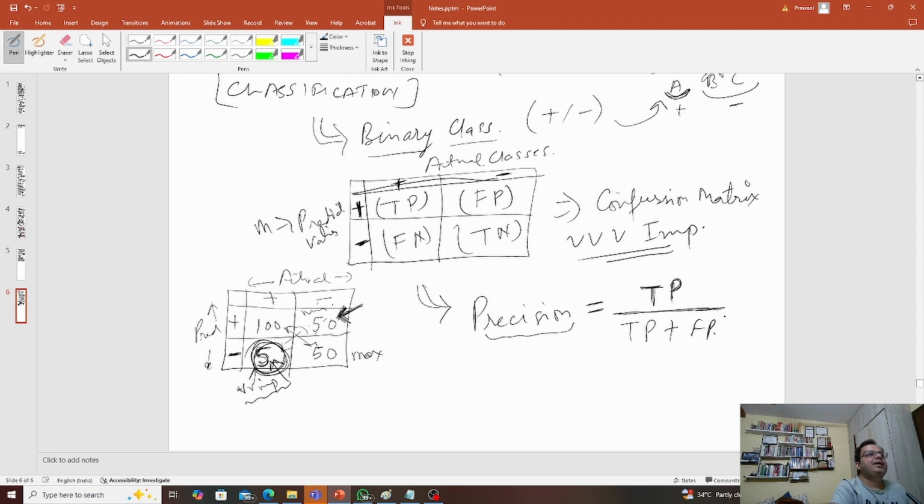In this case, when you are saying your positive is 150, out of 150, 100 are the true positive and the remaining 50 you are claiming to be positive, but actually it is not positive. So your value is going to be 100 upon 150, or 2 upon 3.